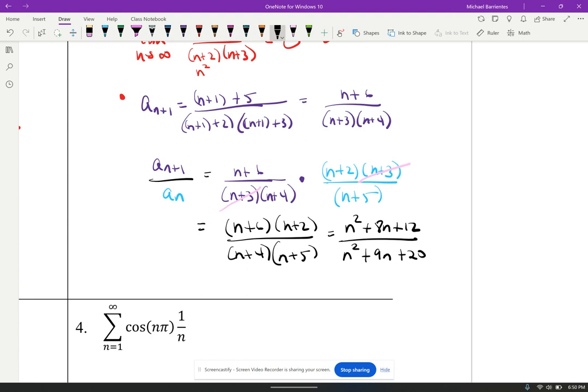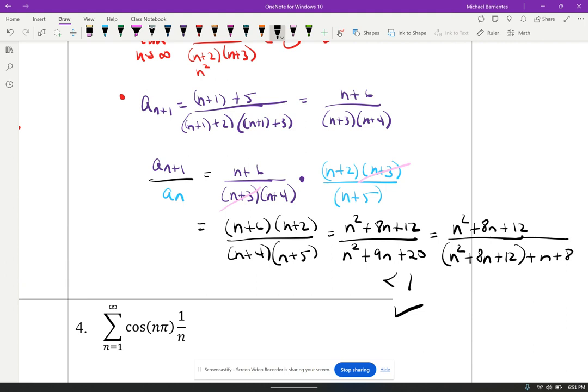But if you want to cement that idea, we can even do this. Like this should tell you, oh, this is a fraction that's less than 1. Like that should be enough. But if you're still not convinced, what would happen if instead of writing 9n, I would say 8n plus another n? That would be 9n, right? And instead of writing 20, I would say that's 12 plus 8. Because if I close this off, hey, look, this is the exact same thing as the numerator.